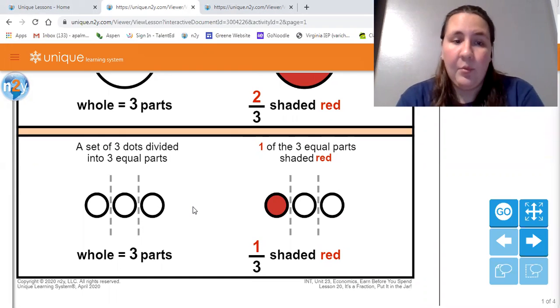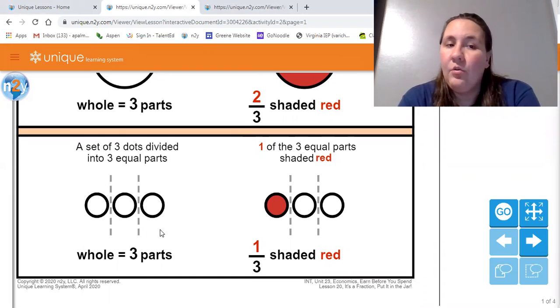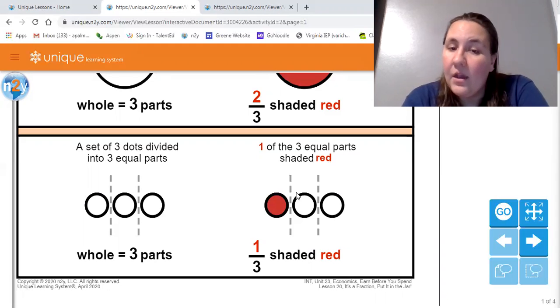So for this example, we have 3 circles, 3 dots to make our whole, 1, 2, and 3. But over here, we have 1 that is colored in red, and then 3 all together. So 1/3 of these are colored red, okay? So that's how we find our fractions.